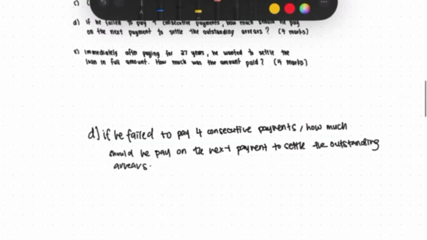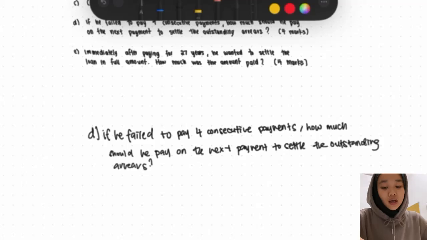Okay, so now we move on to the next question, D. In this question, it says, if he failed to pay 4 consecutive payments, how much should he pay on the next payment to settle the outstanding arrears?